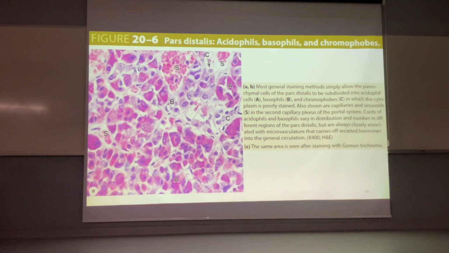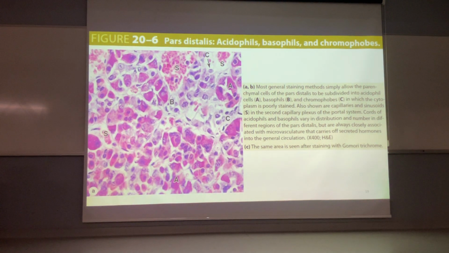This is the nucleus. We are not even looking at the nucleus now. We are going to look at the cytoplasm. Because the cytoplasm of these cells is stained pink, or acidophilic, we say these cells are acidophilic cells.